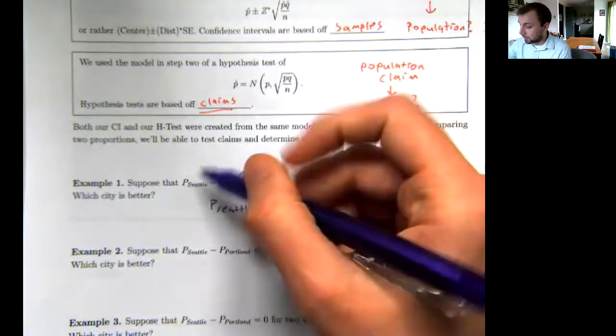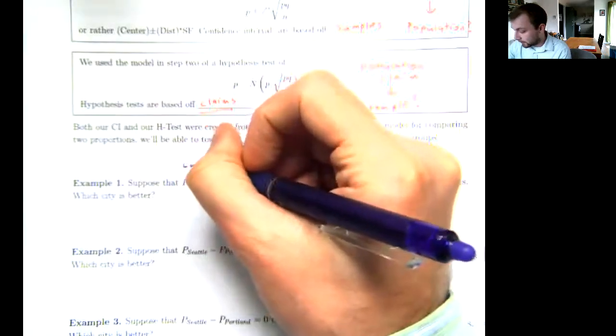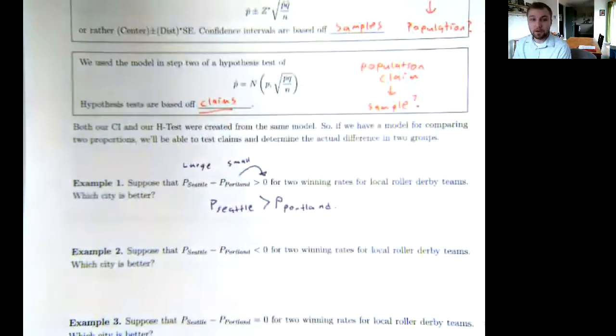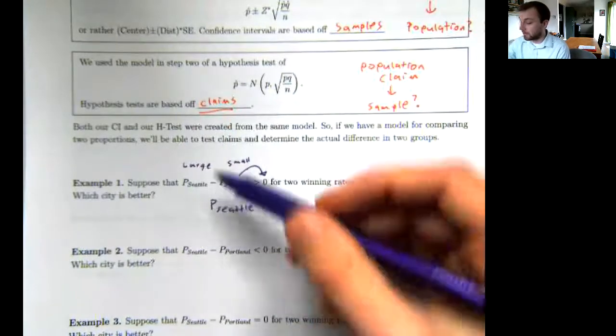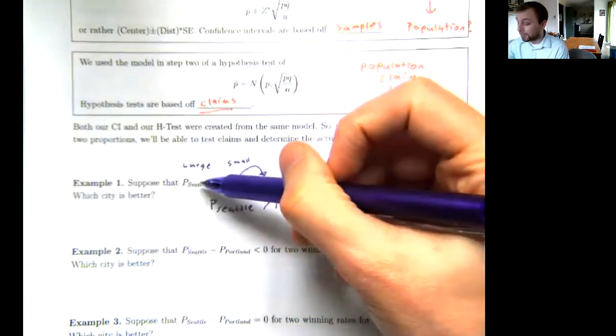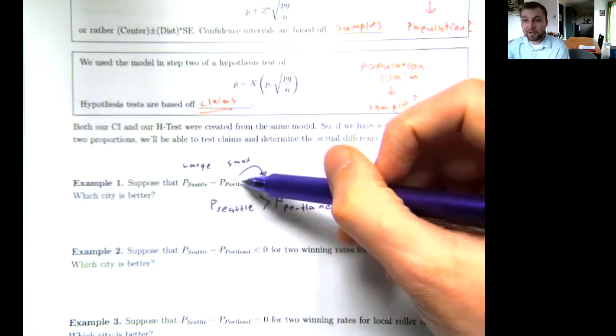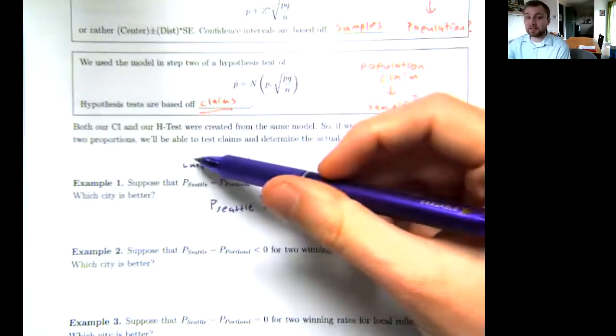So I have my large and I have my smaller, large and small being relative to each other. These could both be really small numbers. This could be a win rate of 3%, this could be a win rate of 2.9%. It's still larger.